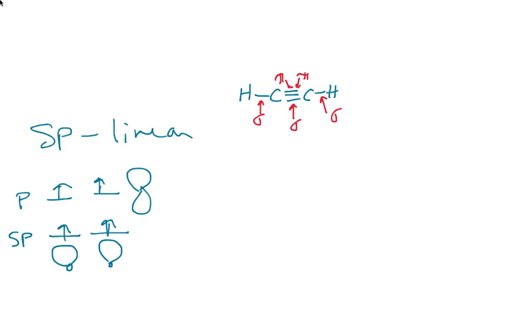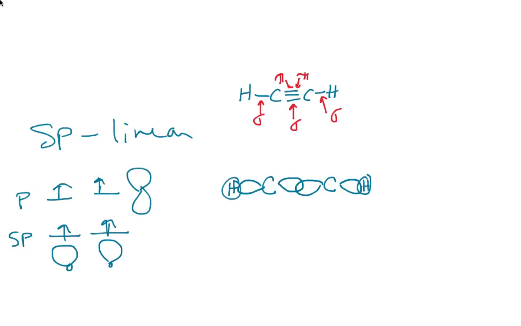Now to draw that pictorially, like I did with the alkene, carbon with an sp hybrid orbital and an sp hybrid orbital, linear. That's not a p, those are 2 hybrid orbitals. So there's the hydrogen, overlapping with another carbon with another sp hybrid orbital. Okay.